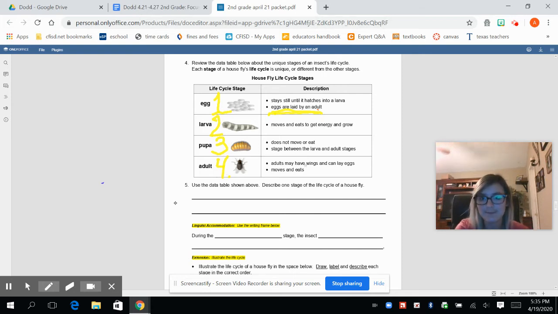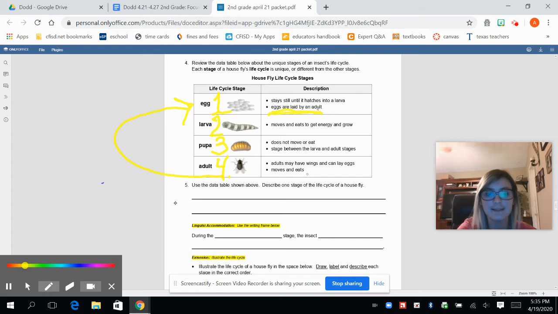And the adults may have wings. They can lay eggs. That's the important part, that they lay eggs. So then we can go from stage 4 back up to stage 1 and start all over again with the new egg. The adult in step 4 moves around and eats.